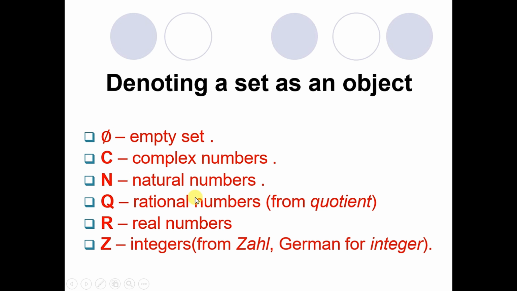The capital letter C usually denotes the complex numbers, while a capital N stands for the natural numbers. A capital Q refers to the rational numbers, from the word quotient, and capital R denotes the real numbers. And finally, capital Z refers to integers, from the word Zahl, which is the German for integer.